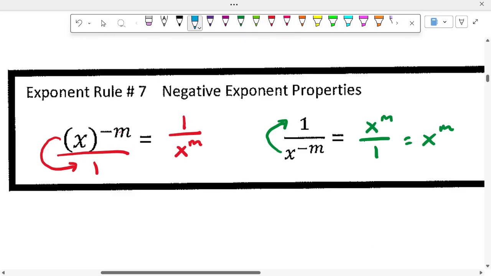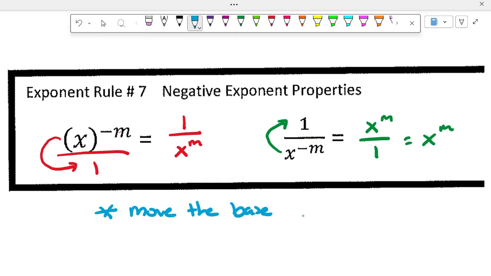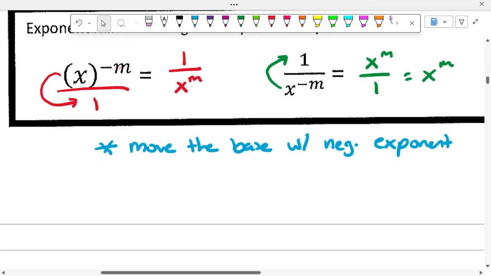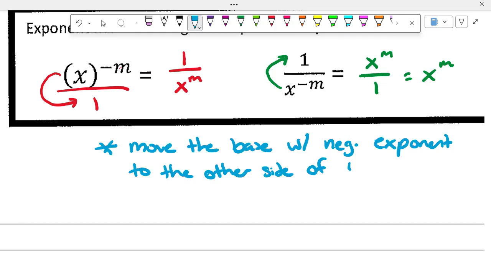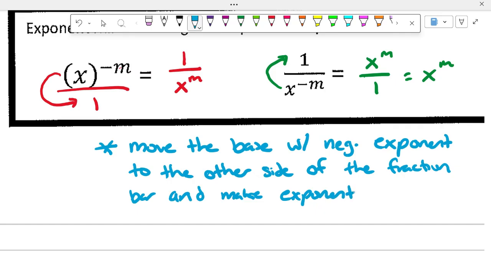So the biggest thing with the negative exponent rule: move the base with the negative exponent to the other side of the fraction bar and make the exponent positive.